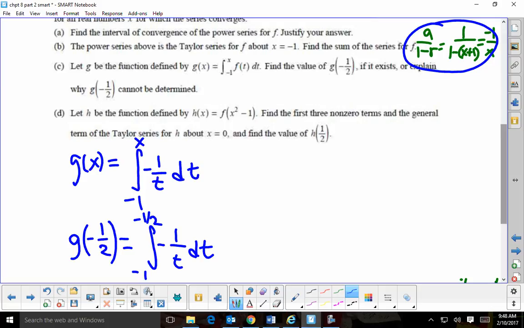Well, the only thing we can't have going on down here is 0. I'd have to do a limit, but do I even have to worry about that? So can we find this? Okay, let's go do it.